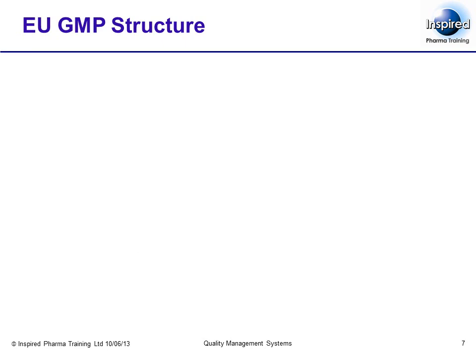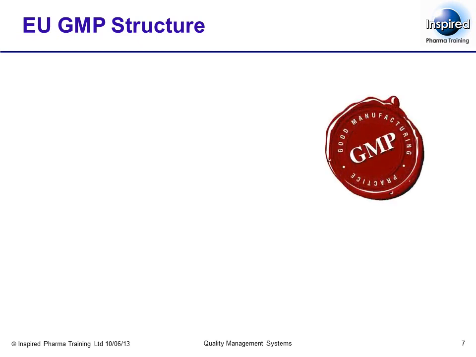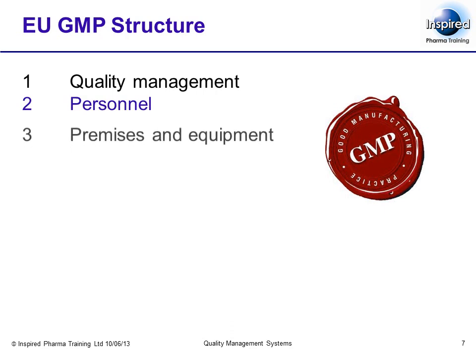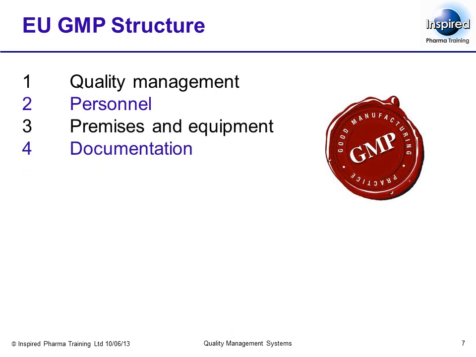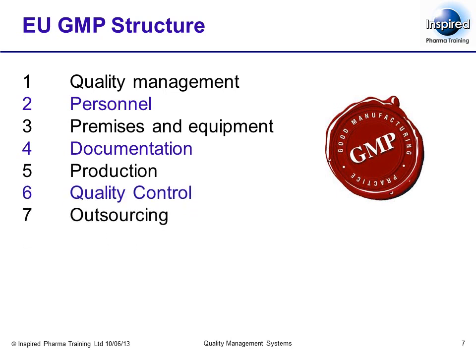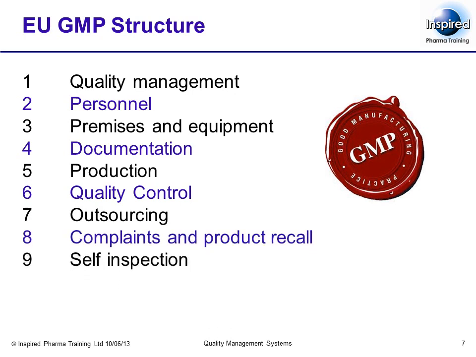Corporate quality management system thinking and organizational quality management systems can, and often are, based on the requirements of GMP. And in EU GMP, we have Chapter 1, Quality Management, 2, Personnel, 3, Premises and Equipment, 4, Documentation, 5, Production, 6, Quality Control, 7, Outsourcing, 8, Complaints and product recalls, 9, self-inspection, and any relevant annexes.